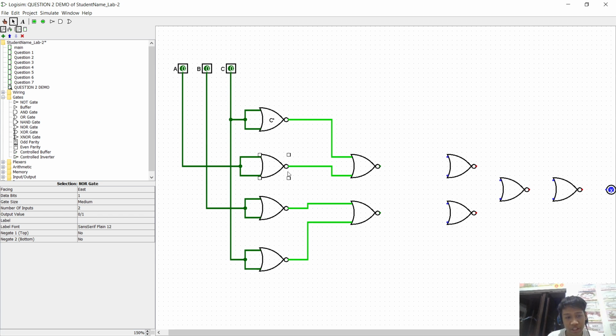This is the A input, and this will be the B prime, and this will be the C input. After that, we will be connecting it to the next NOR gates.